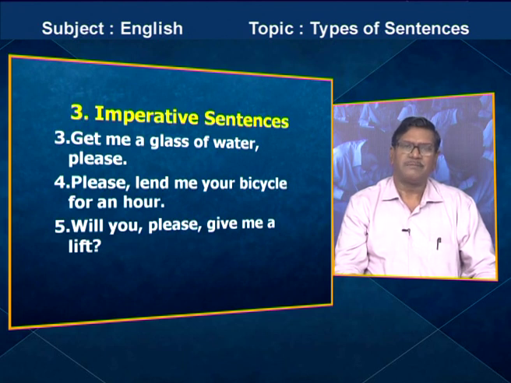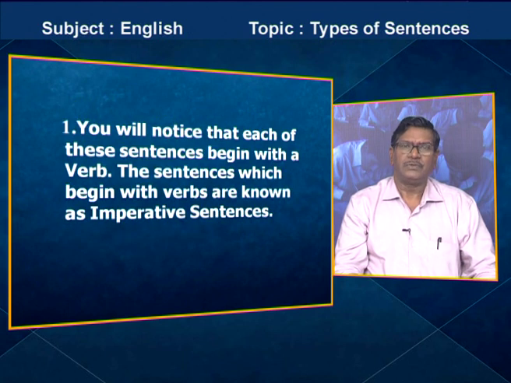Get me a glass of water, please. Please lend me your bicycle for an hour. Will you please give me a lift? So, these are requests. So, in imperative sentences we have got two varieties again.